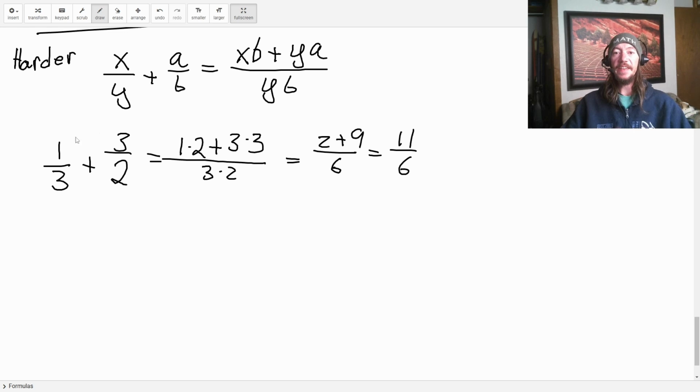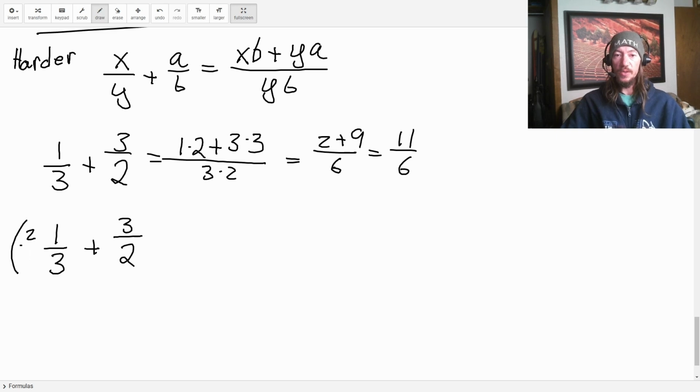Now take a second to think about what we're really doing here. What this whole process does is forces a common denominator for these two fractions. So remember that if we multiply something by 1, it doesn't change what it is. So I can multiply either of these fractions by any of these special ones, and it doesn't change what they are.